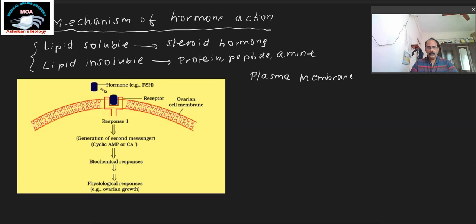Suppose this is the plasma membrane. A cell having the plasma membrane, and this plasma membrane containing more lipids. So what happens when the lipid soluble substance comes here, that will dissolve in the lipids of the plasma membrane and enter into the cell directly.